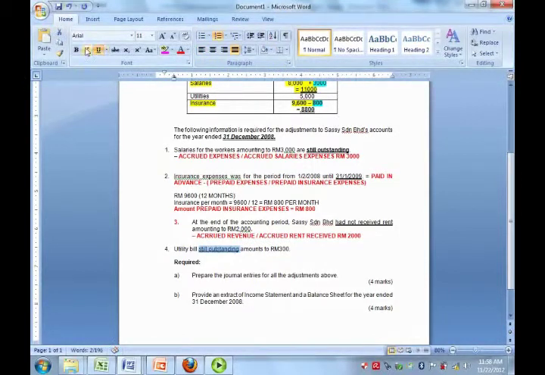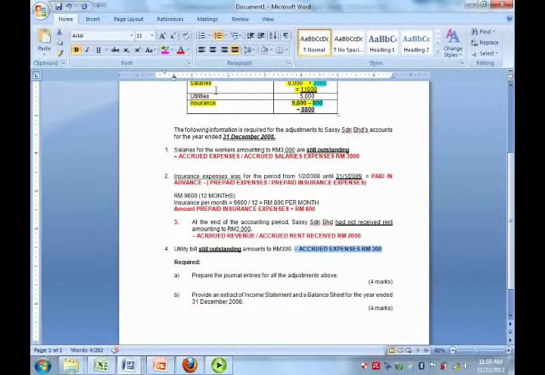When you see the keyword of still outstanding, so automatic it is, yes, accrued expenses. Can I know the amount of accrued expenses that you still owing? 300. So remember, class, accrued expenses 300.